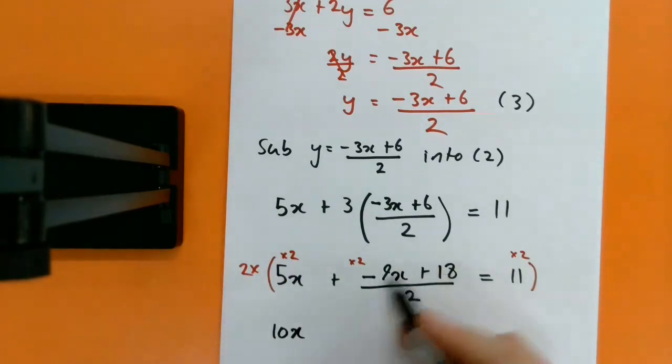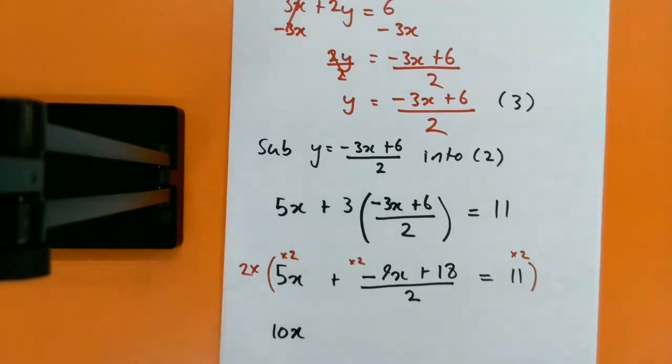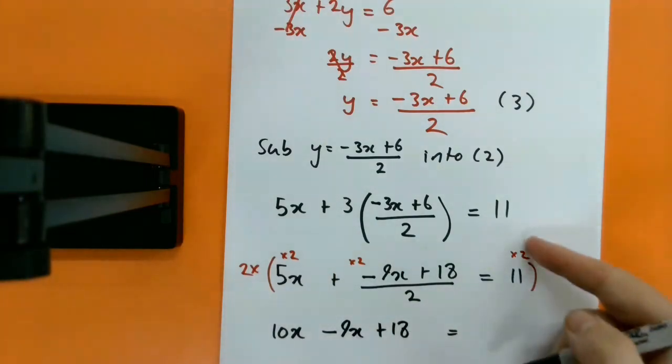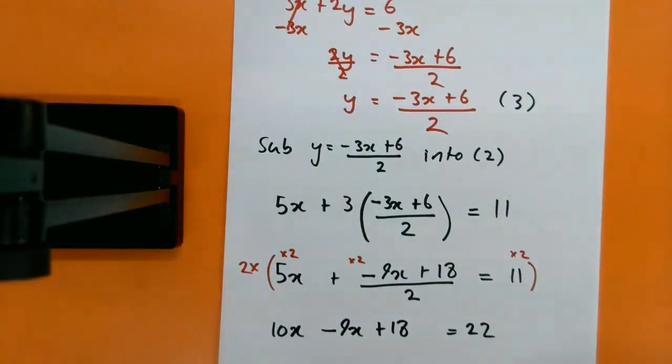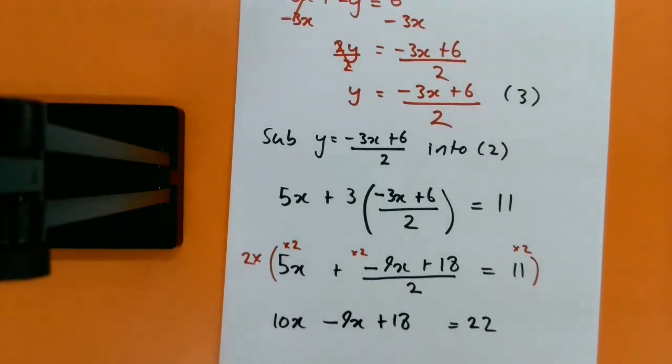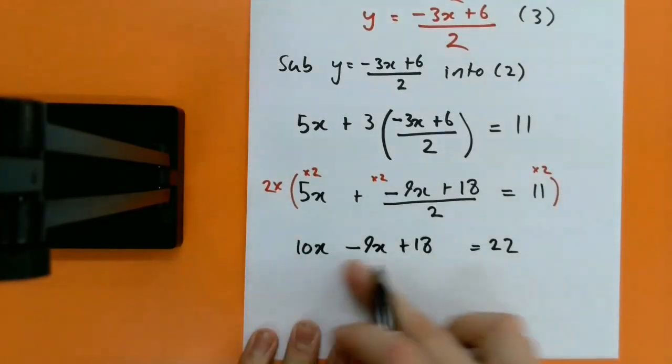By multiplying this middle term by 2, we're actually cancelling the denominators. So we end up just left with minus 9x plus 18 is equal to 2 times 11, which is 22. You can already see how complicated this has become just by using the substitution method rather than the elimination method.